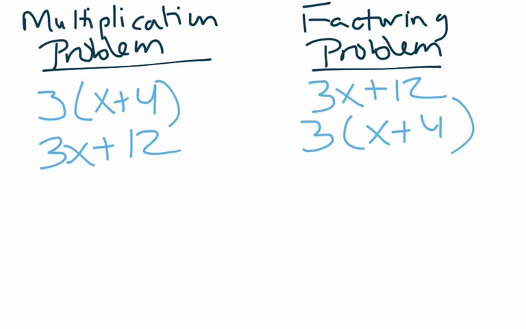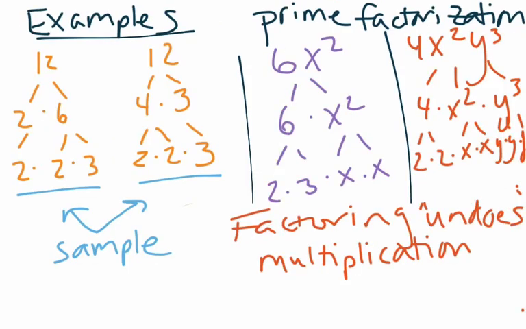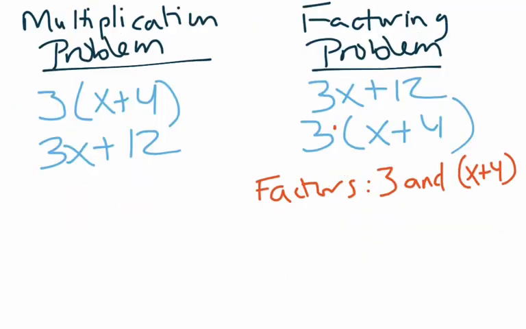First of all, these are the two things being multiplied. So the factors would be 3 and, I'm going to keep this in parentheses, you don't really need to have it in parentheses there, but the factors are 3 and x plus 4. Over here, we would say something like the factors are 2, 3, x, and x. Now we have 3 and x plus 4, and so the x plus 4 is itself a factor.